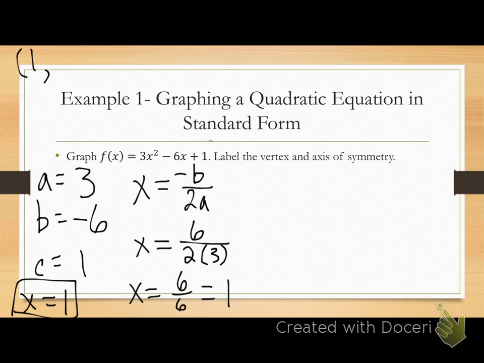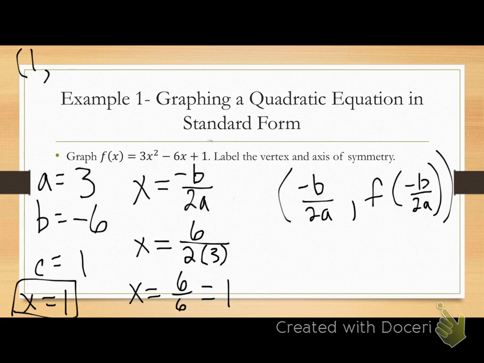Remember, here's our ordered pair for our vertex. My y value is f of the opposite of b over 2a. So how would I find my y value? We just plug it back in.